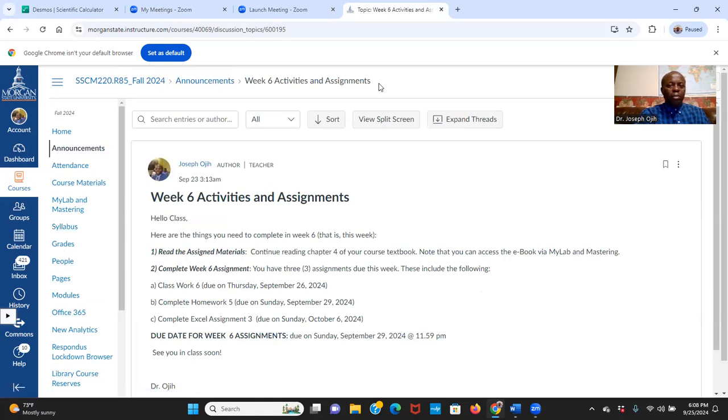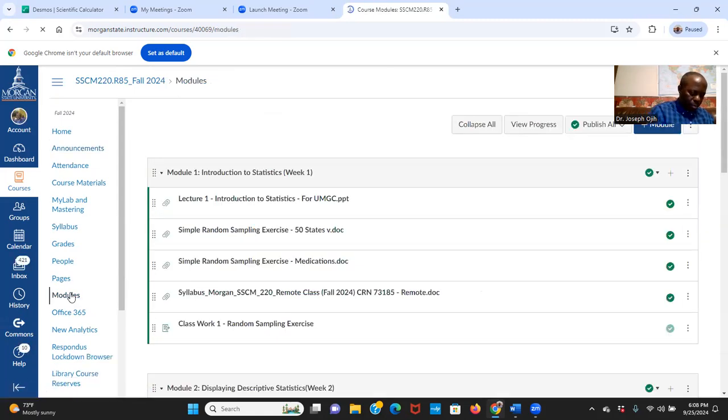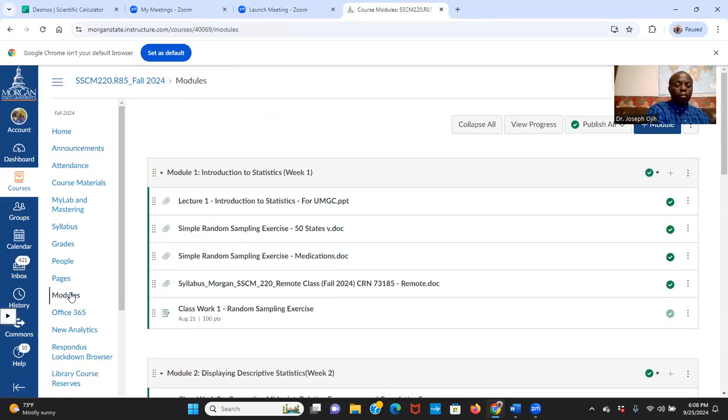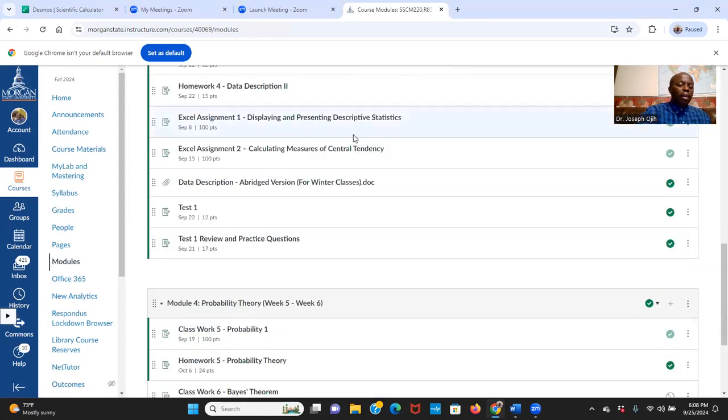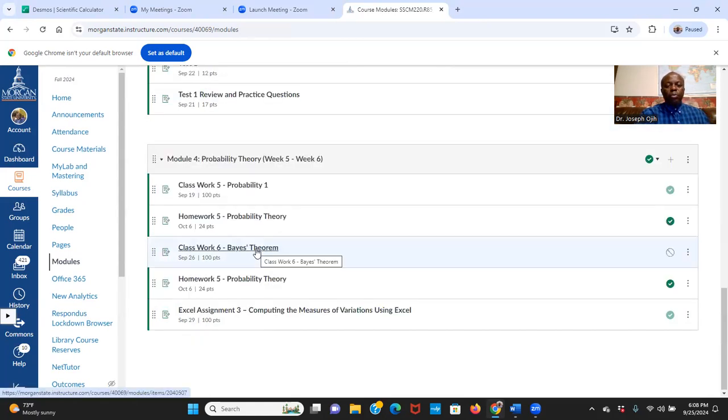So if you go to the modules and scroll down, you can see classwork 6 in module 4, Bayes' theorem. Hopefully we can finish everything and then you can begin the Excel assignments. Some of you have already done the Excel assignment, which is very good.